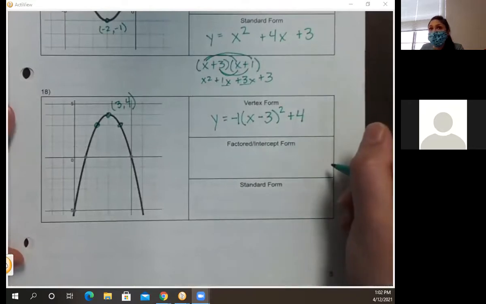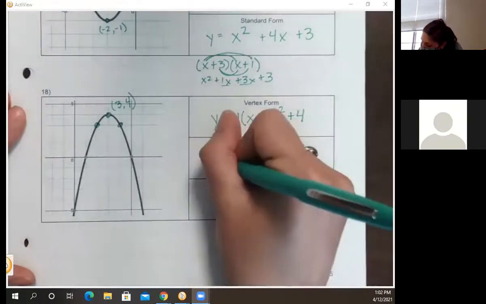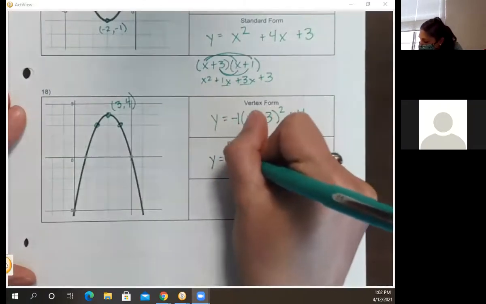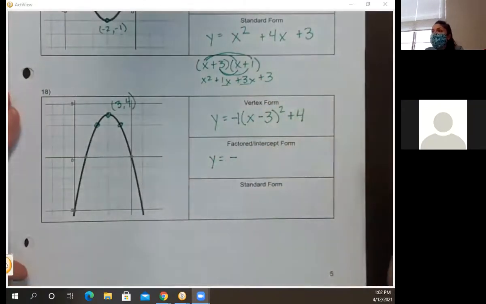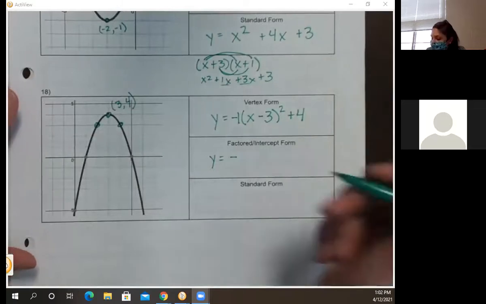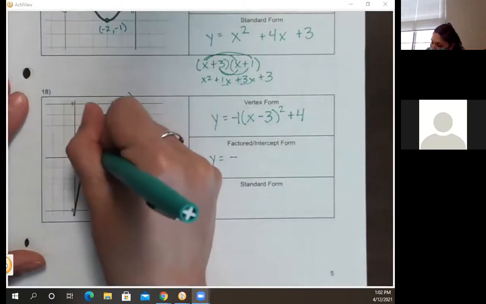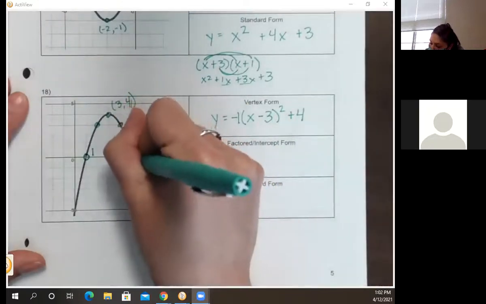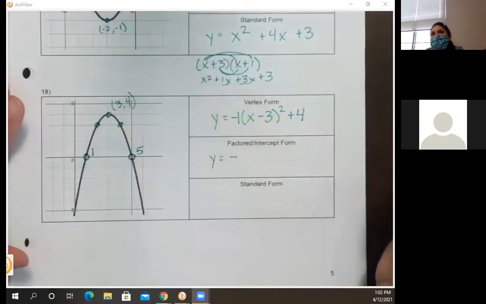Now we're going to write factored form. So I'm going to start with y equals, and then I need that negative in front still, same lead coefficient because I'm describing the same graph. But this time, since we're going to give intercept form, I need to know the x-intercept. So I have an x-intercept at 1 and an x-intercept at 5.